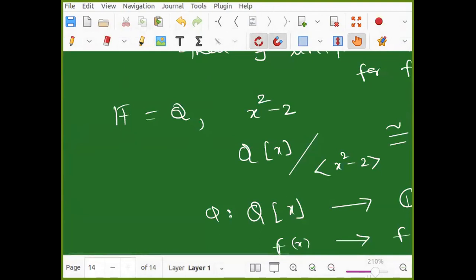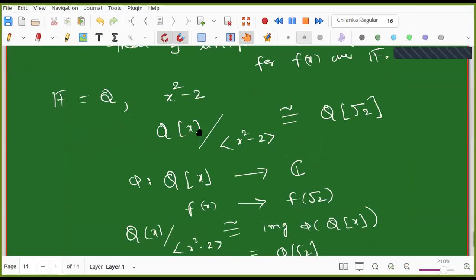Is it visible? Code is visible? Yes, sir.